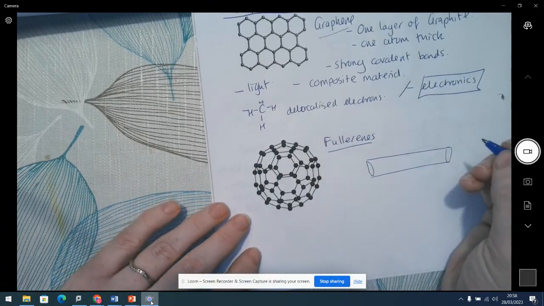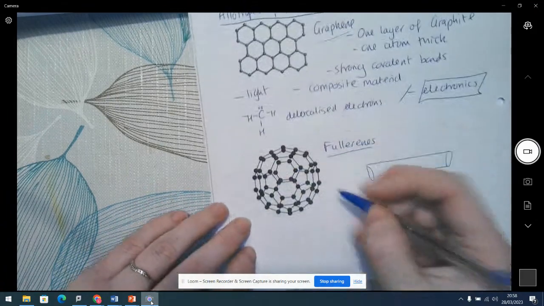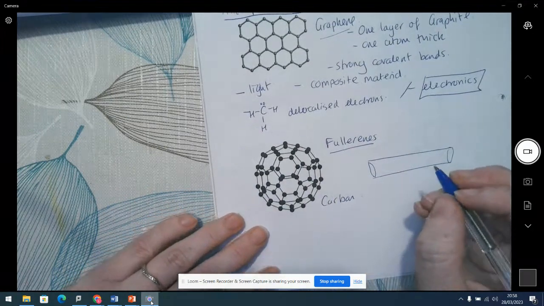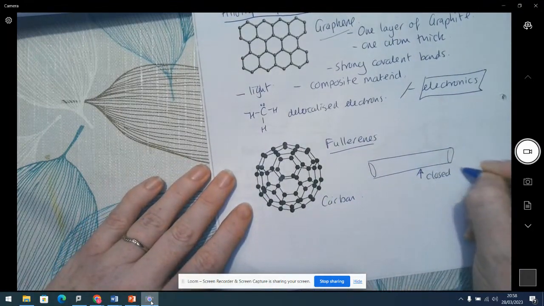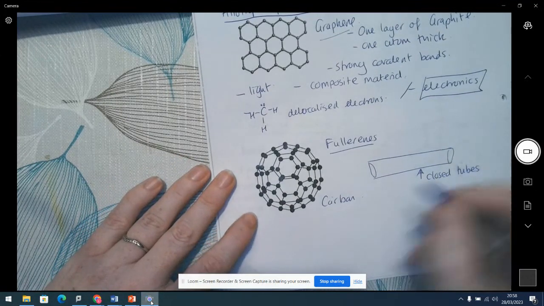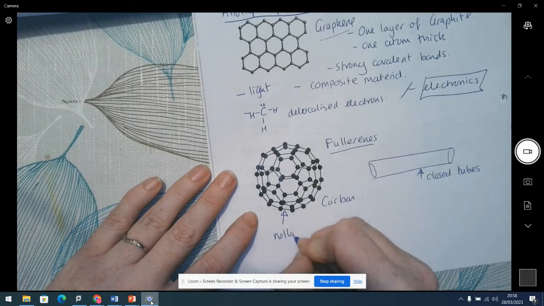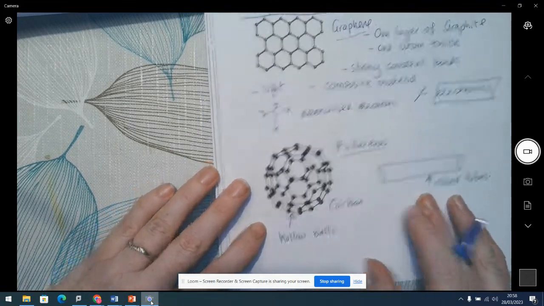And fullerenes are generally made of carbon. This is why they're allotropes of carbon. And they are usually shaped like closed tubes, as you can see here. Or they are hollow balls, like this molecule here.